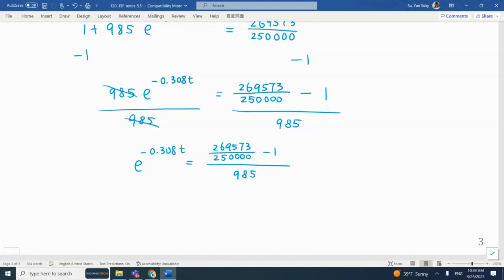Do you see the exponential term is isolated? So what do we do? Apply ln on both sides, right?